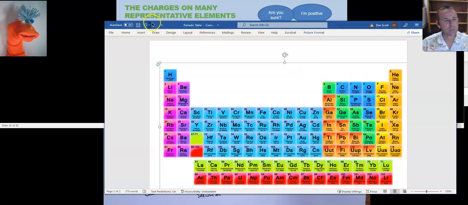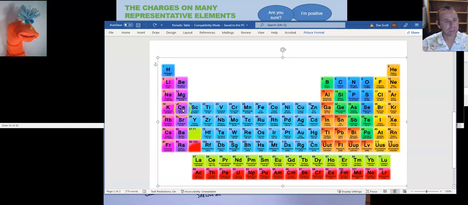We can also do that with the metals over here. Calcium. How many electrons does calcium have? 20. Very good, 20 electrons. And the nearest noble gas, how many electrons does it have? You mean like argon has 18? That's right. Argon has 18, neon has 10, and krypton is 36, but calcium is closest to argon.